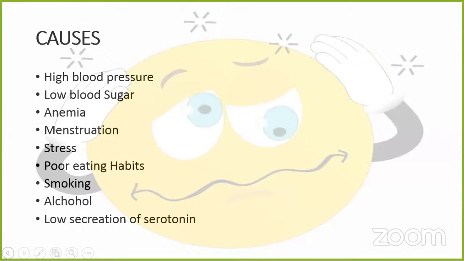And environmental factors also, not only the other factors, environmental factors like bright light, flickering screen, or loud noise, climate change, and very strong smell may also lead towards migraine. And sometimes it could be due to medication, like contraceptive pills and sleep tablets could also lead towards migraine.